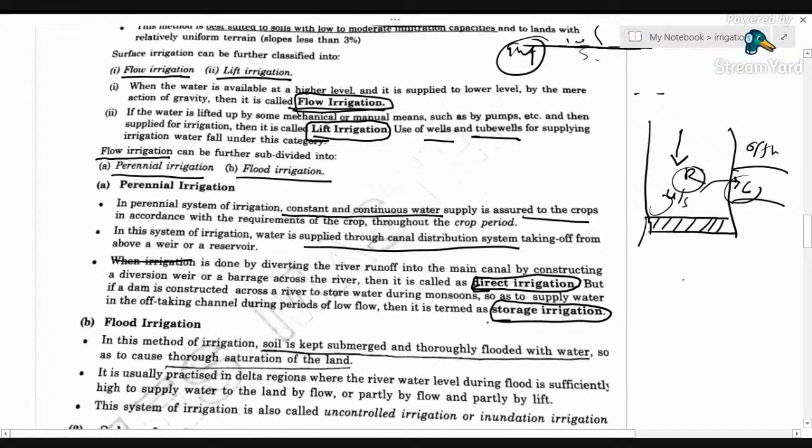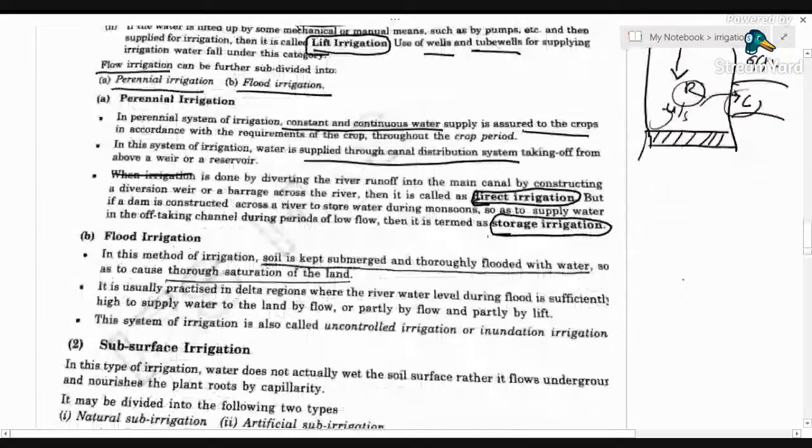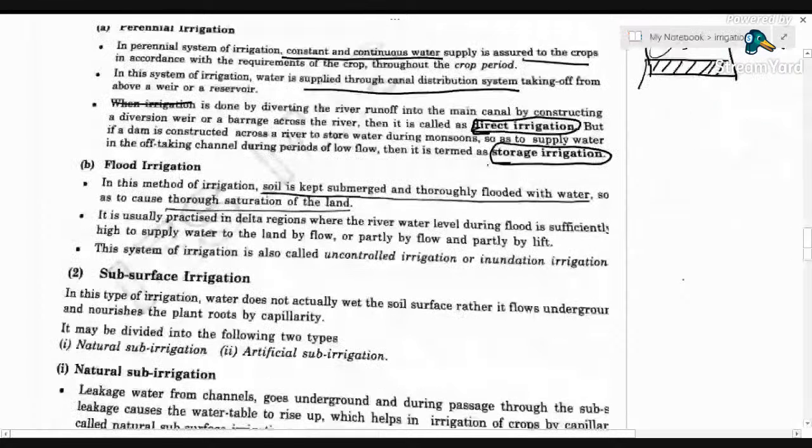Next one is called flood irrigation. Flood irrigation means when the complete land is flooded with water. We perform this type of irrigation where the water level is very high and there is no water scarcity, where a sufficient amount of water is available.